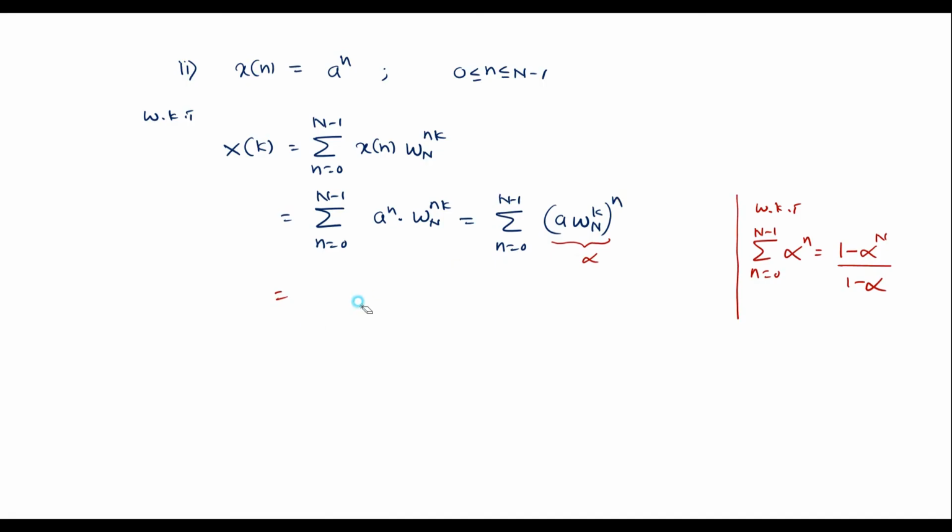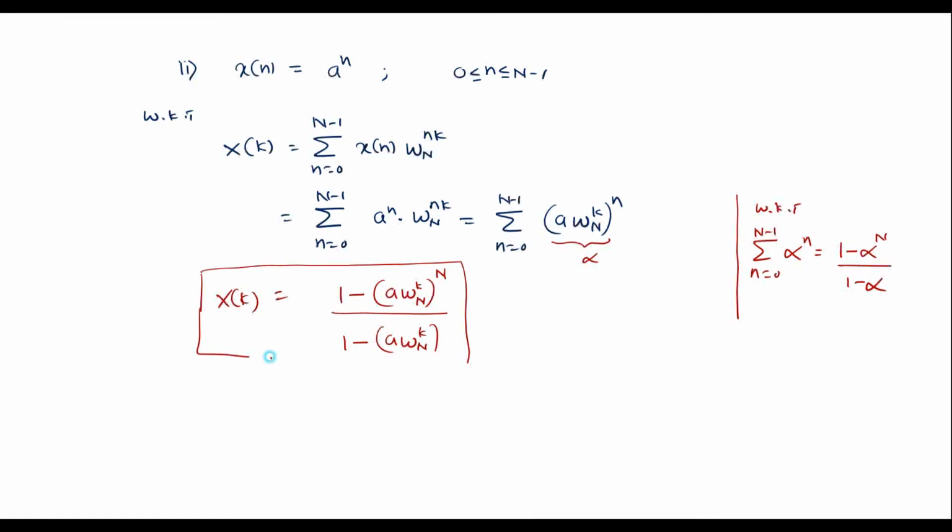Therefore, X(k) is equal to 1 minus (a W_N to the power k) to the power N, divided by 1 minus a W_N to the power k. So this is the required solution. Thank you for watching.